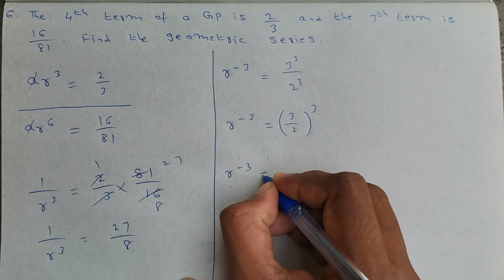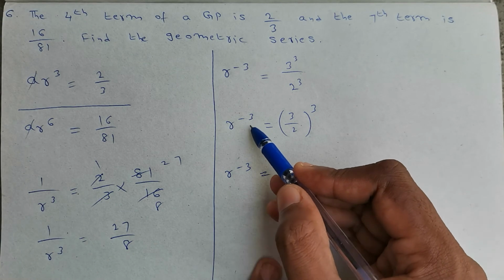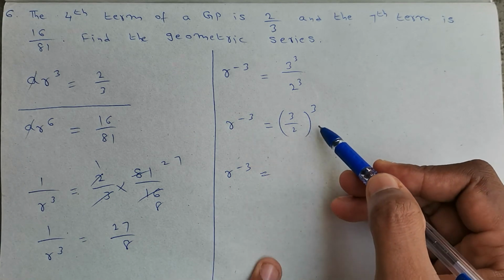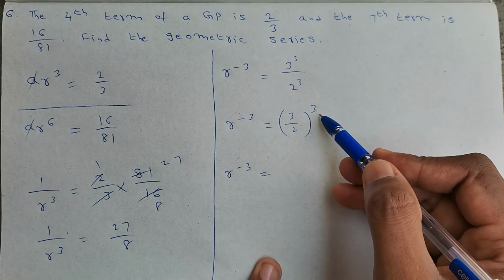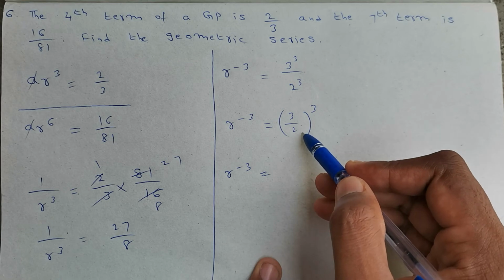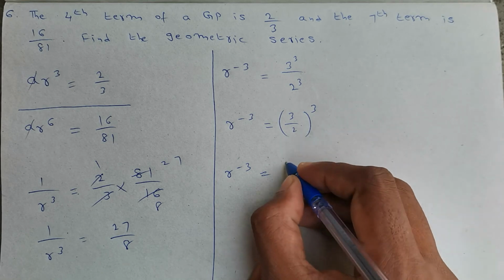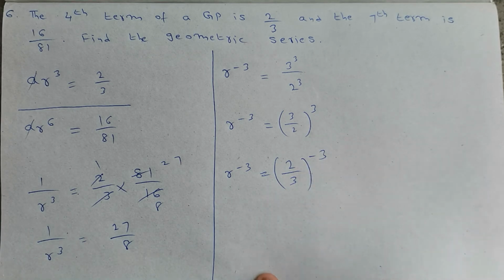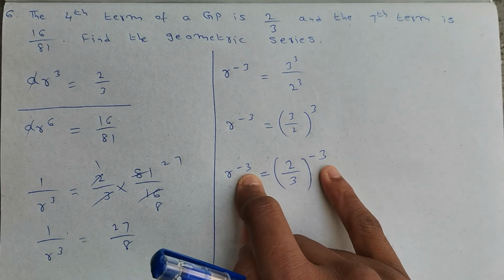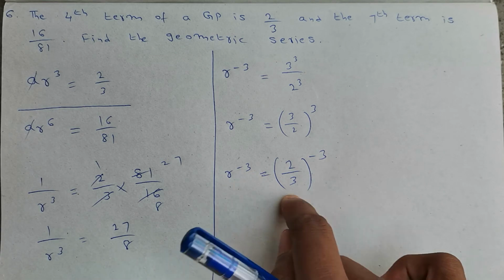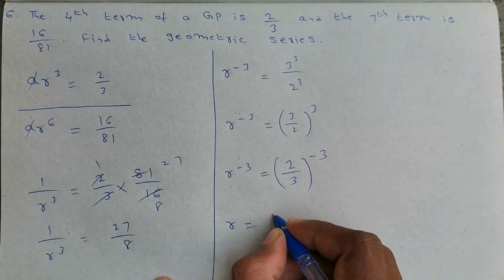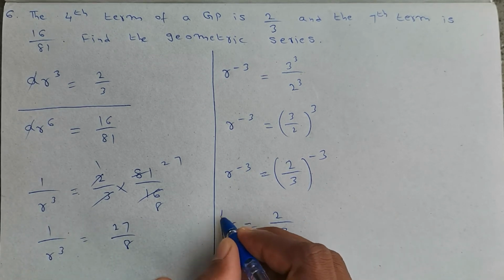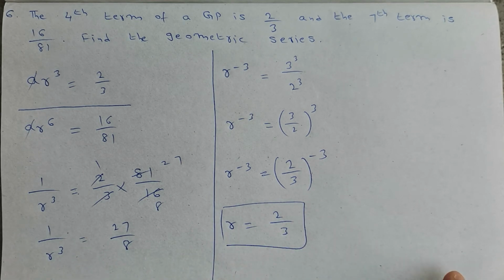Since the power is minus, to make the power negative on this side too, the inside becomes the reciprocal: 3 by 2 becomes 2 by 3. Now both the powers are negative and equal, so the base is also equal. Then the R value is 2 divided by 3.